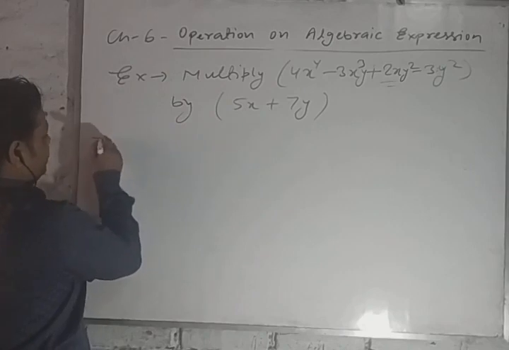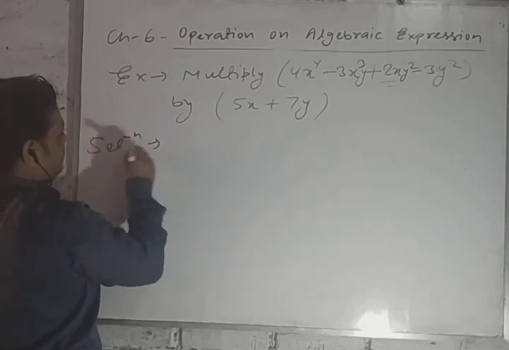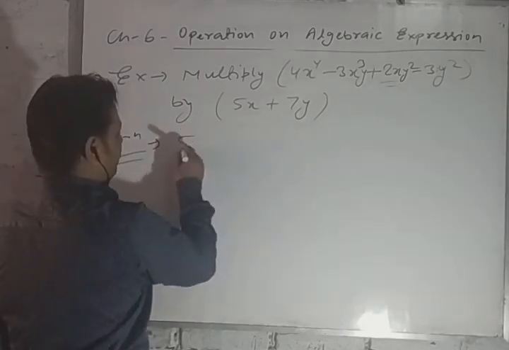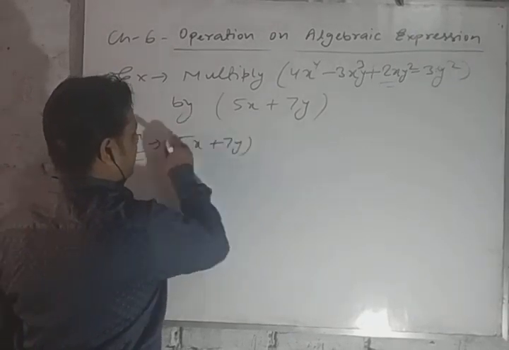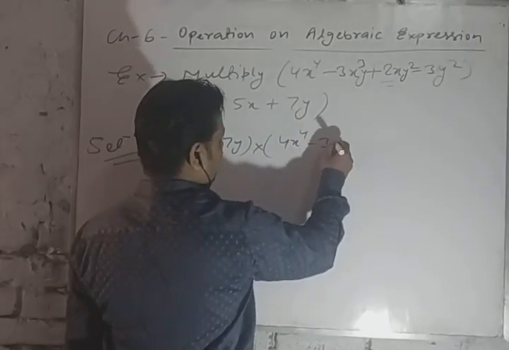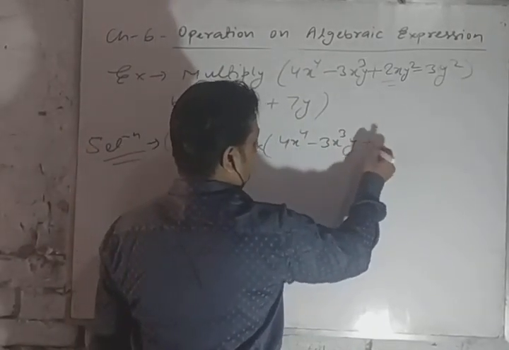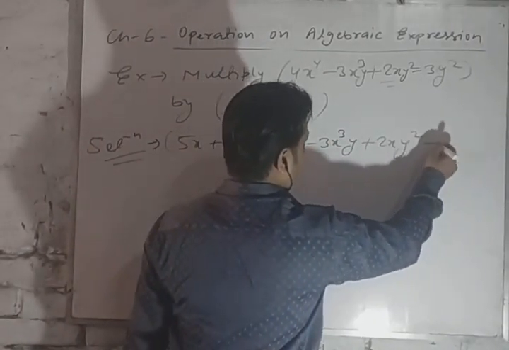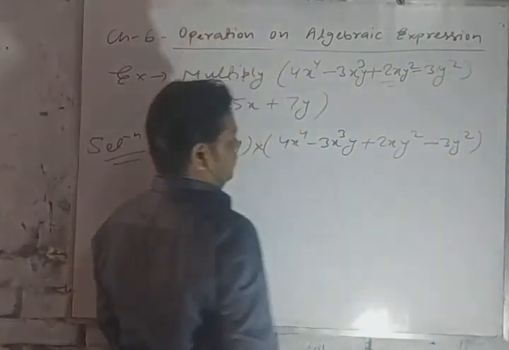At first, in the solution, (5x plus 7y) into (4x to the power 4 minus 3x cube y plus 2xy square minus 3y square). Okay dear.